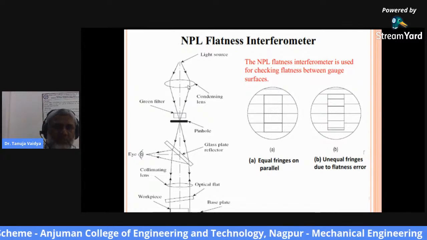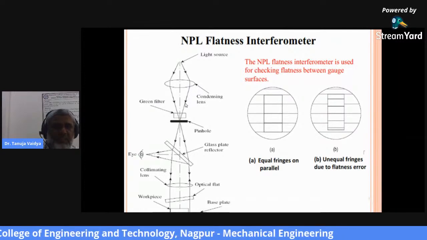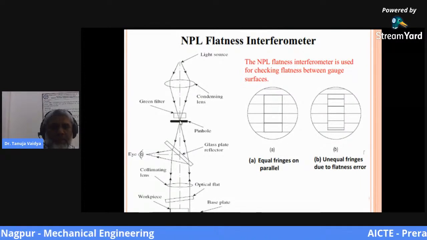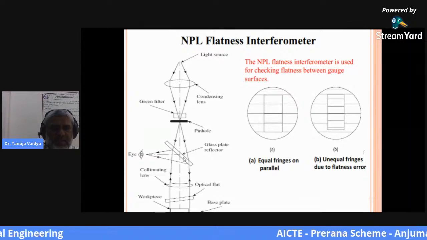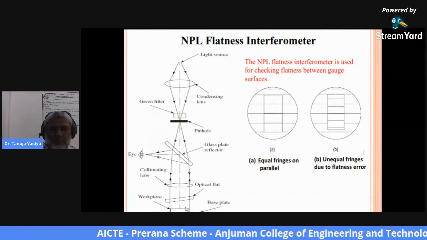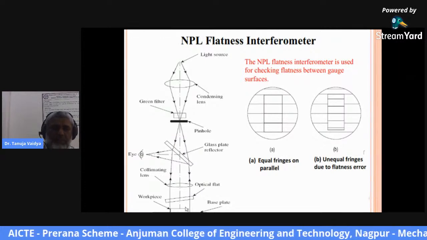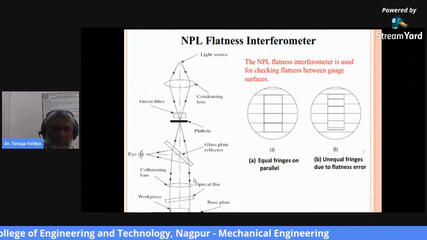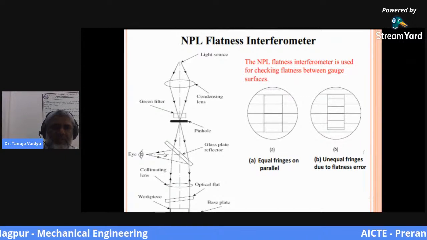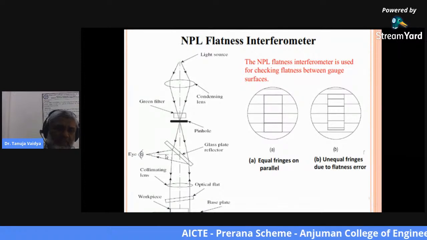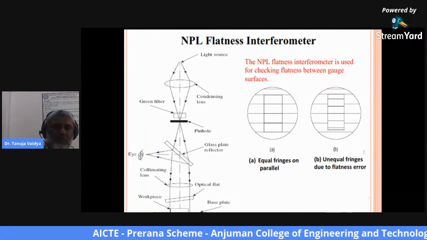The rays pass through the condensing lens to the green filter and to the pinhole, and from the pinhole these rays are directed towards the workpiece, and the workpiece then passes these rays through the collimating lenses onto the glass plate reflector, and the glass plate reflector will then redirect these rays towards the eye.